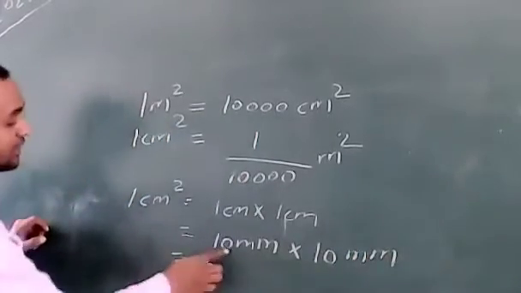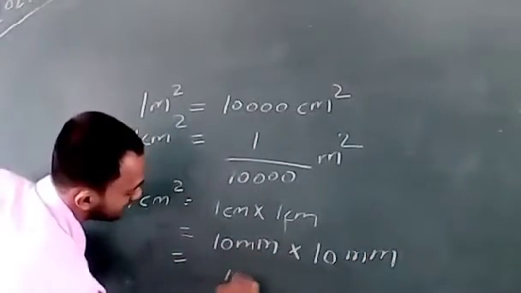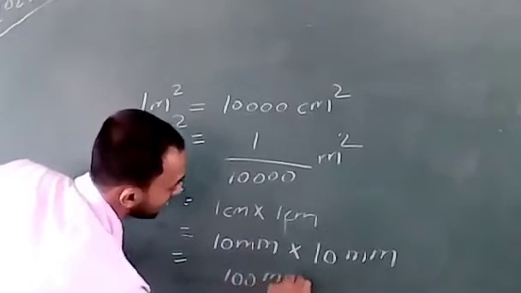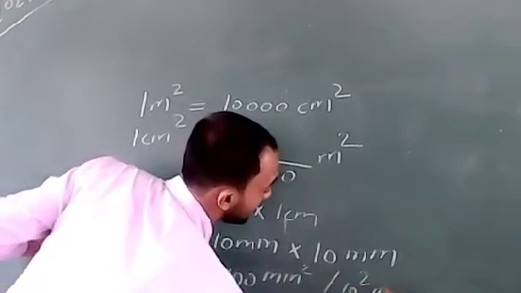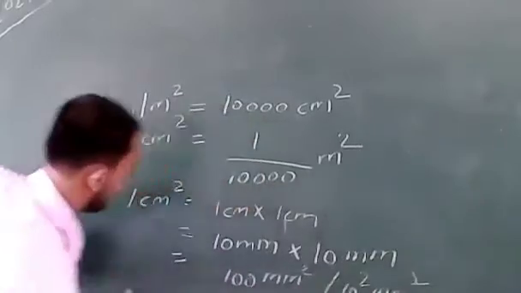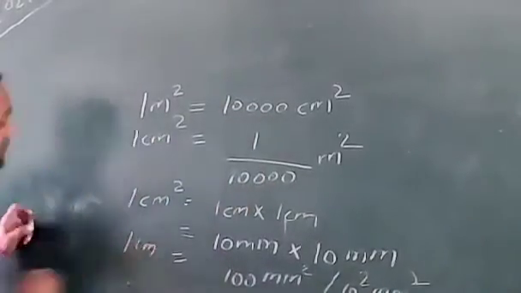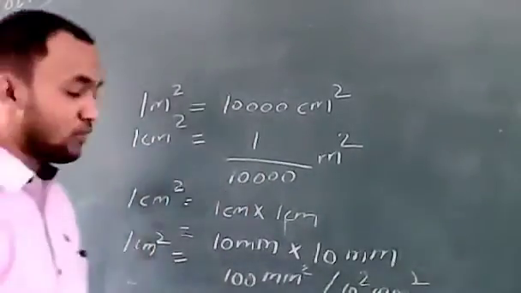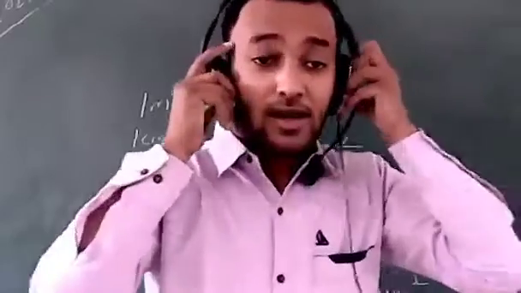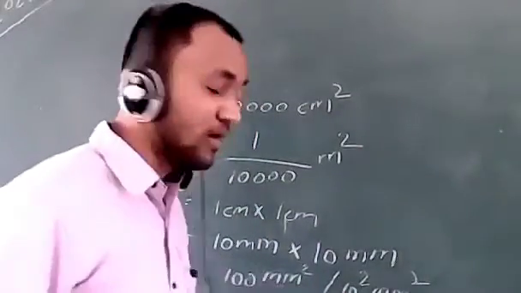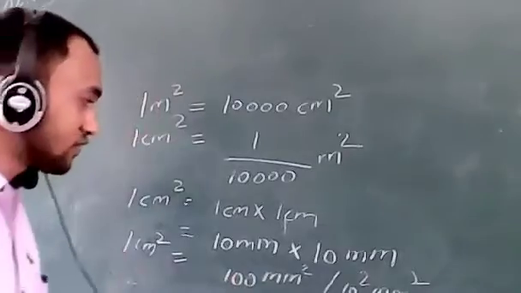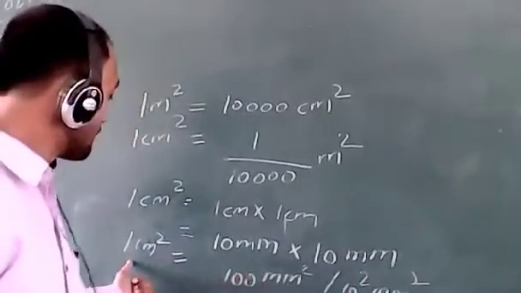So 10 into 10, 100 millimeter square, or 10 raised to the power 2 millimeter square. So if 1 centimeter square is equal to 10 raised to the power 2 millimeter square, what will 1 millimeter square be equal to in centimeter square?